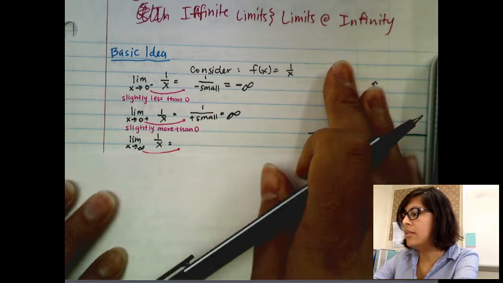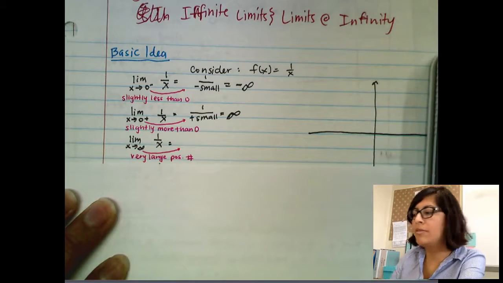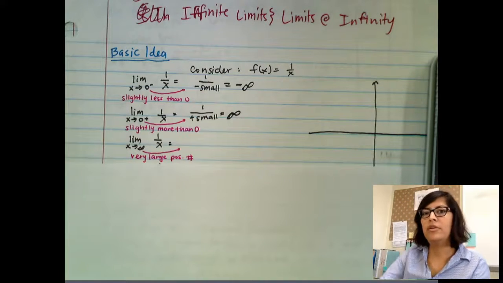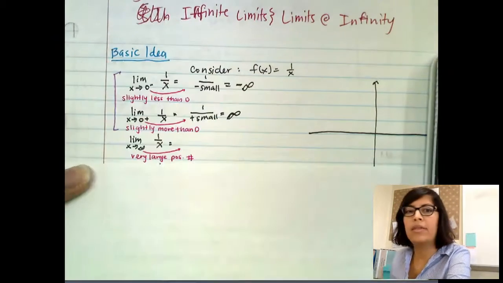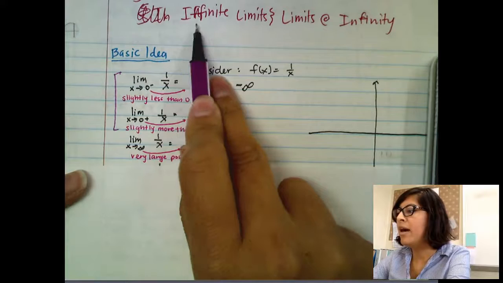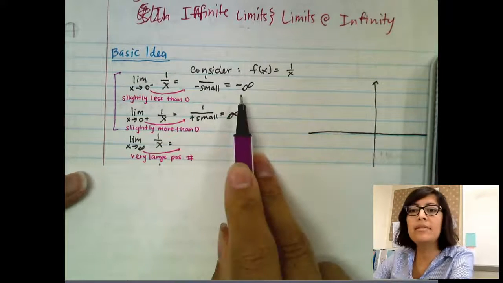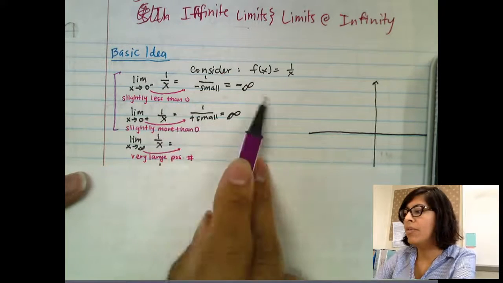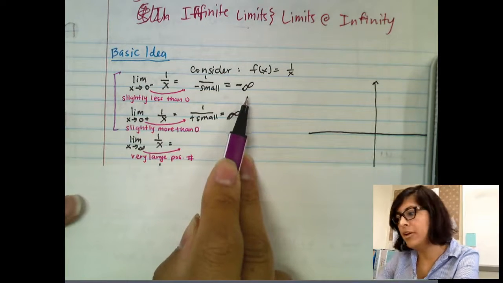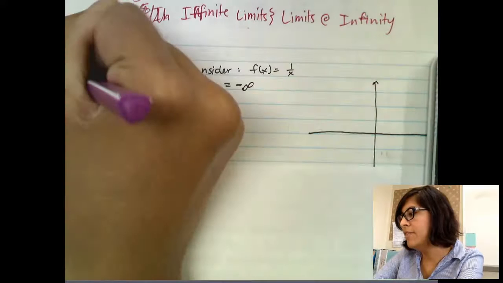Before we look at infinity, these two are what we call infinite limits. These are limits as x goes to some number a, where the limit results in an infinite value.